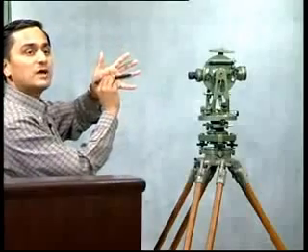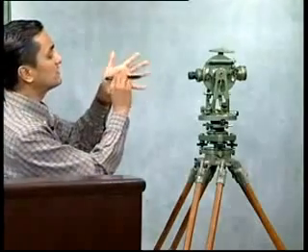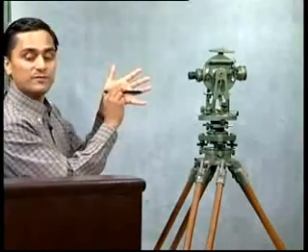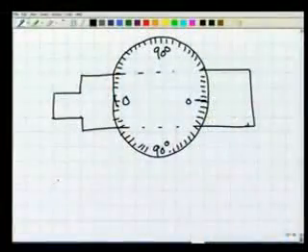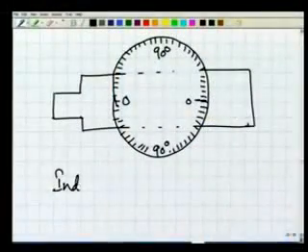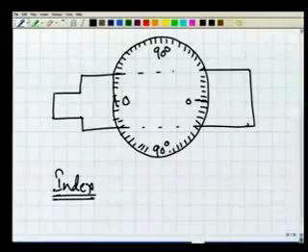So how are we measuring the angle? There should be a reference, there should be an index. We need something called the index. For the vertical angle measurement, the reference is the horizontal plane. So somehow we need to establish that horizontal plane or horizontal line here.